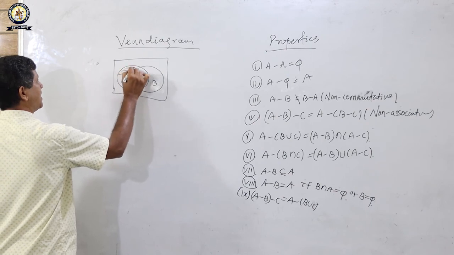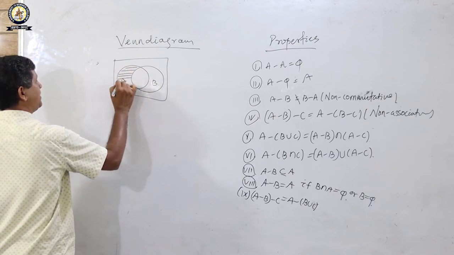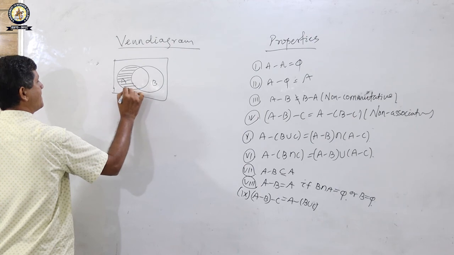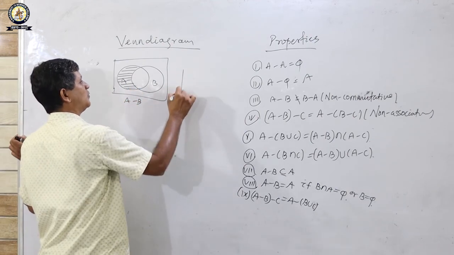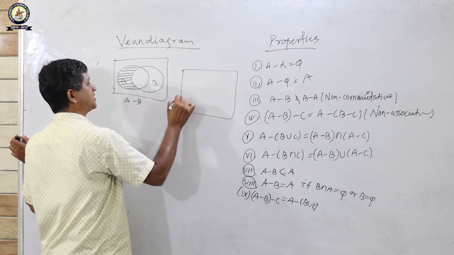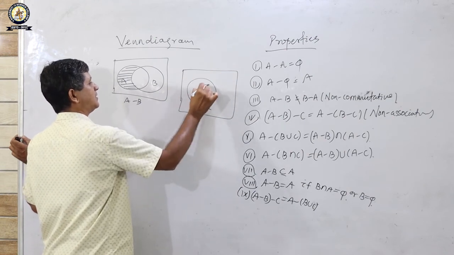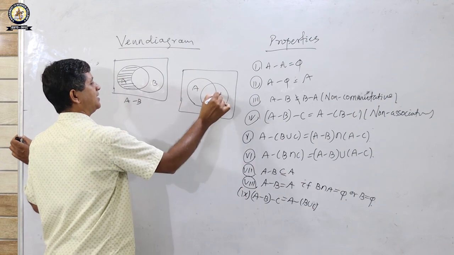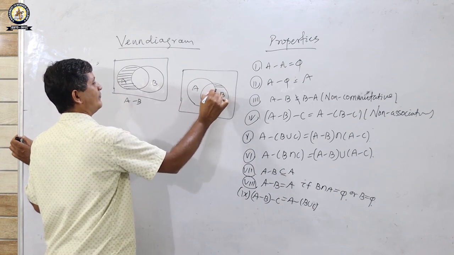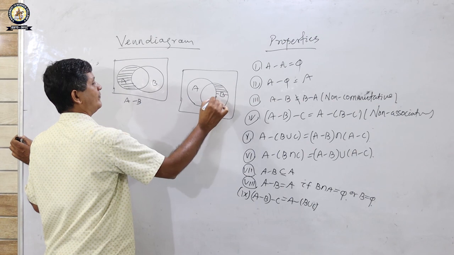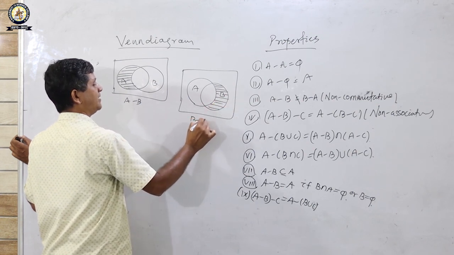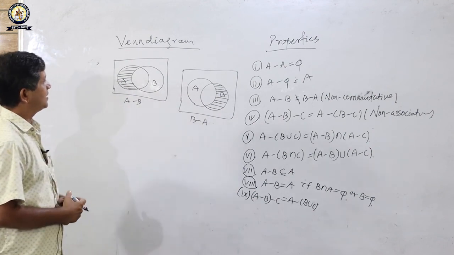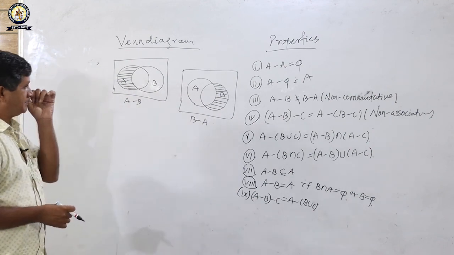These elements are in A difference B. Similarly, come to one more part. This is A, this is B, and this is B difference A.